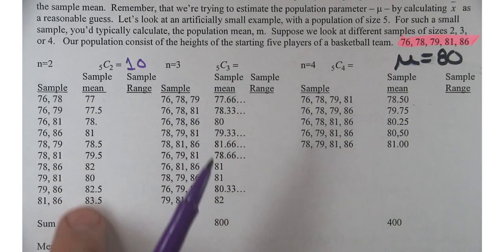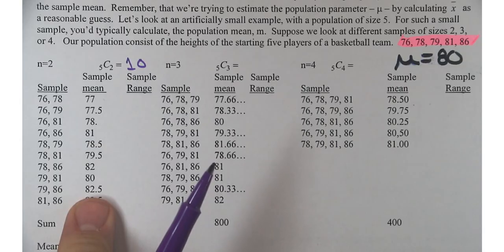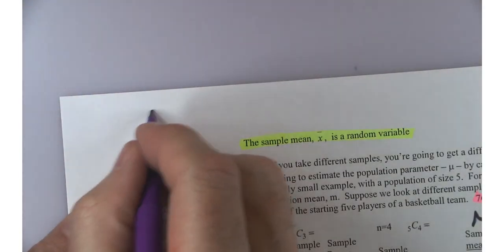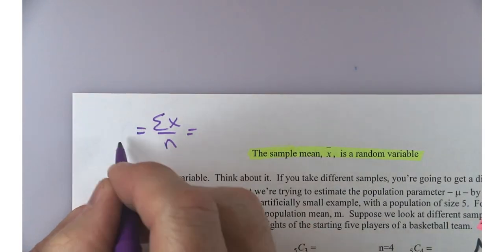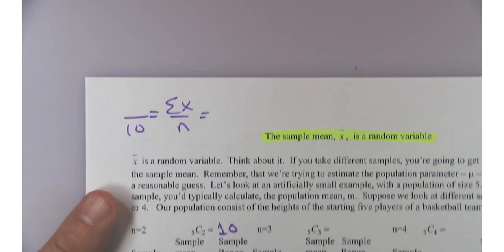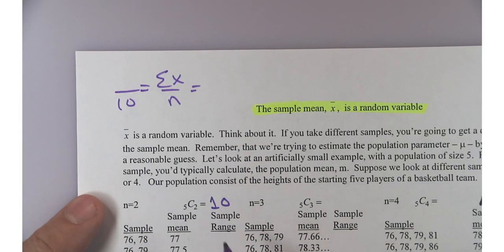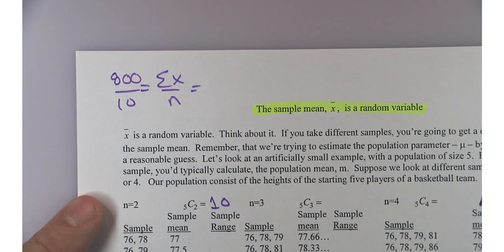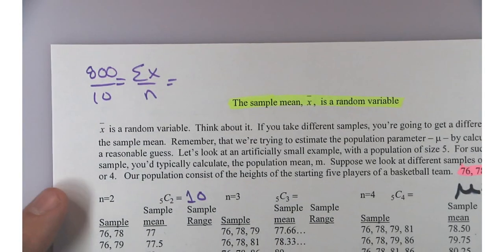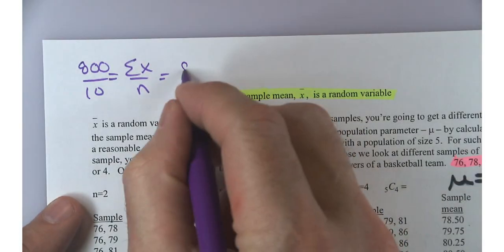If I total up these sample means, then I can calculate their average. Remember, the average is calculated as the sum of your data divided by n. In our case, we had 10 pieces of information. What was the sum? Oh, it was 800. What's 800 divided by 10? 80.